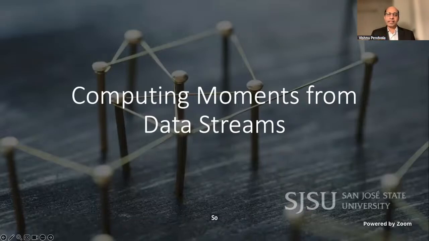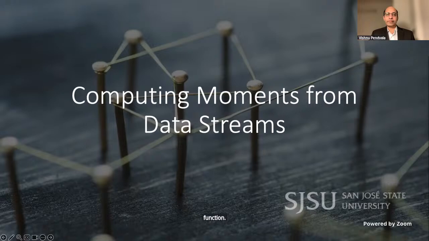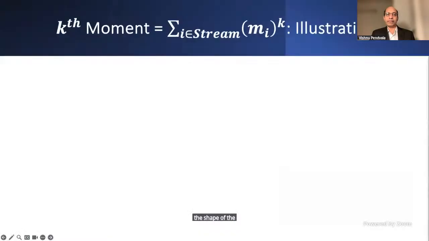So the denominators are all the same, the total number of items. So the numerators tell you the probability. So there's no difference between the shape of the probability density function and the frequency function. So it kind of tells you the shape of the frequencies of the items in the stream.